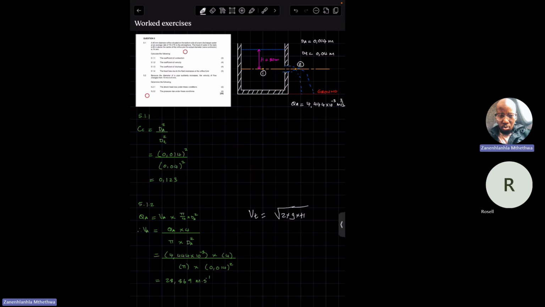You'd still apply Bernoulli's between these two points, but now bearing in mind that it's no longer an ideal system, you're taking losses into consideration. In that instance, you no longer use the theoretical velocity because there's nothing theoretical about the system. Instead, you use the actual velocity.